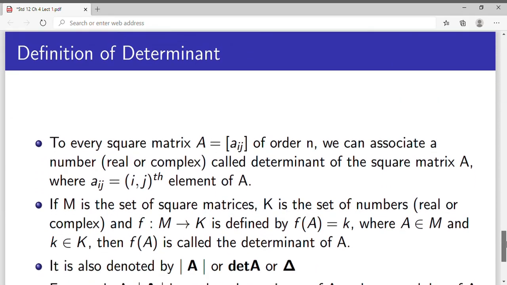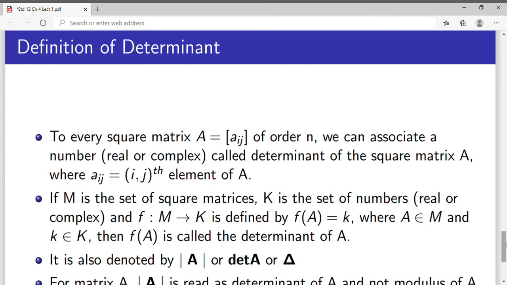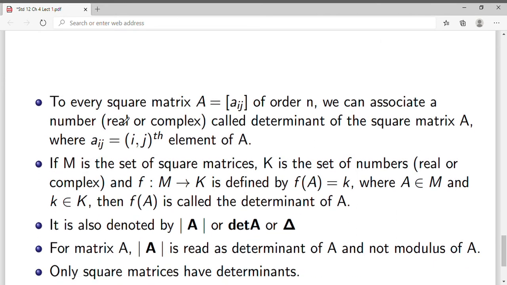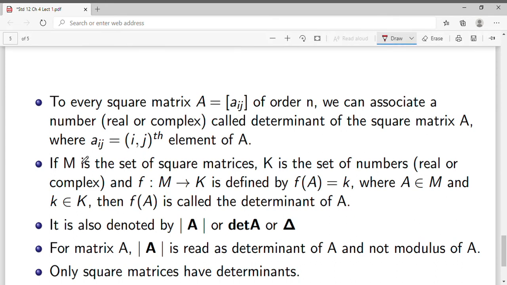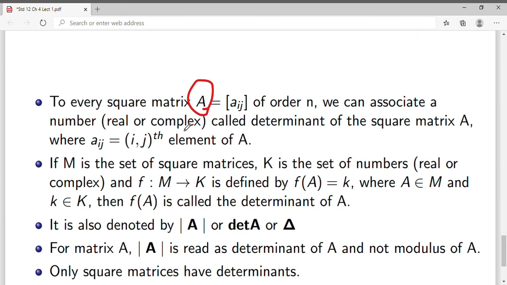Now from this, let us discuss the definition of a determinant. To every square matrix A equal to [aij] of order n, here the order n means the matrix is of order n by n, meaning A is a square matrix, we can associate a number, either a real number or a complex number, called the determinant of the square matrix A, where aij is the ijth element of A. Previously, as we discussed, the coefficient matrix A is obviously a square matrix, a 2 by 2 matrix.